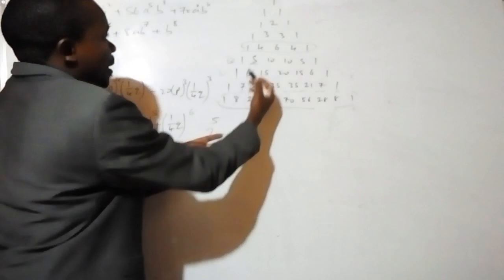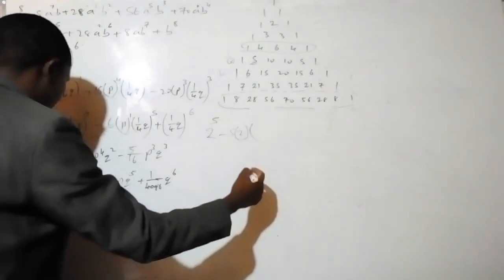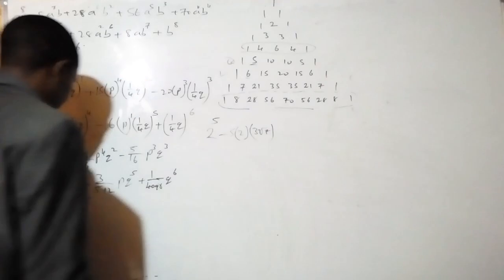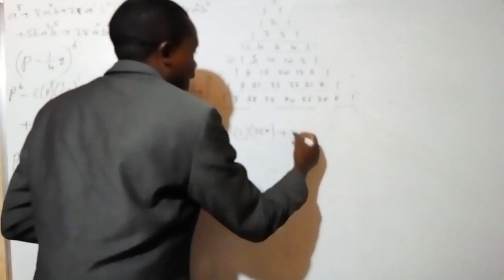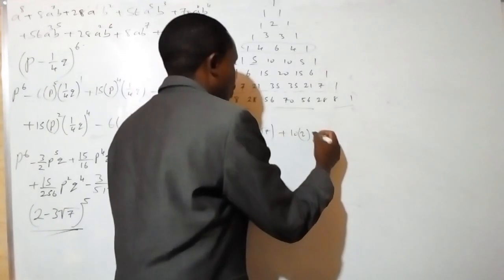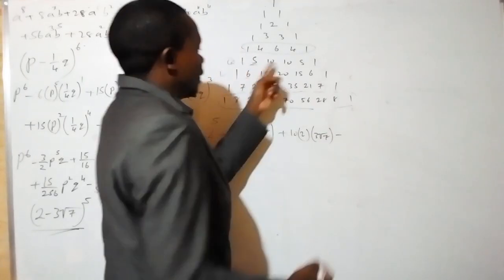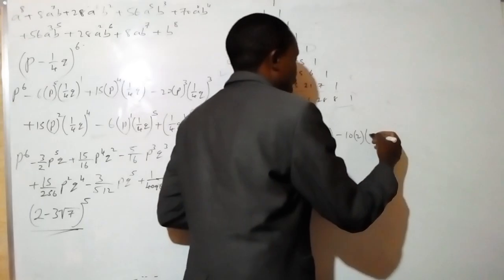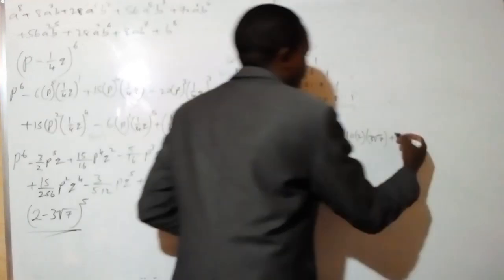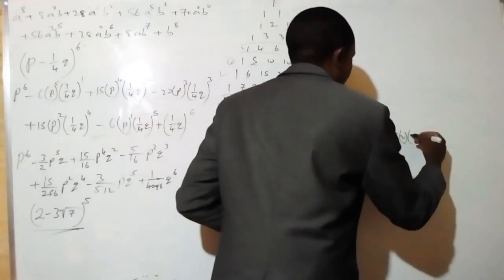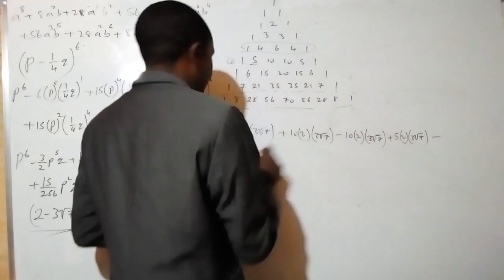You start with the 5, open the bracket 2, open the bracket 3 root 7, negative plus, as I've told you, after 5 it's 10. You repeat the same values, 2, 3 root 7, then negative, negative plus negative. After 10 you have another 10, 2, 3 root 7 plus 5, 2, 3 root 7, and finally negative 1 is the last value. 3 root 7 is power 5.